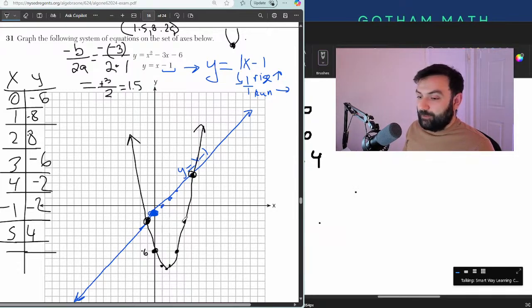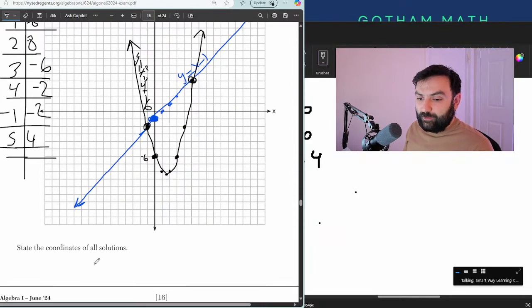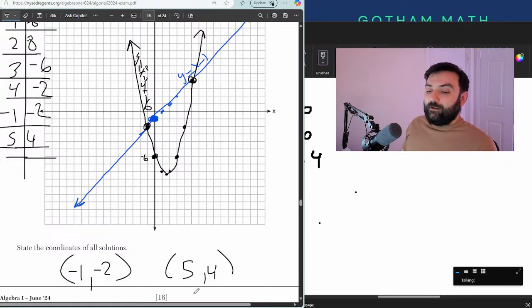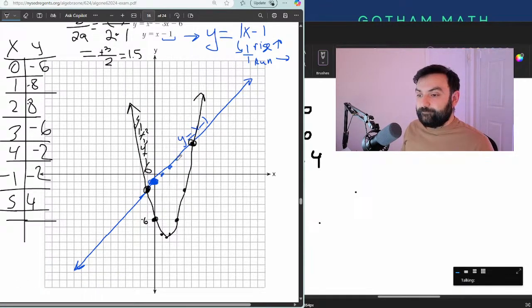We're gonna put the equation on top of that parabola: y equals x squared minus 3x minus 6, and state all coordinates of all solutions. There are 2 solutions, and the coordinates of the first solution are negative 1, negative 2, and the second one is 5, 4. Okay, this is it.